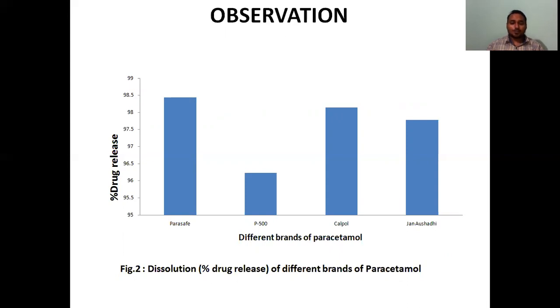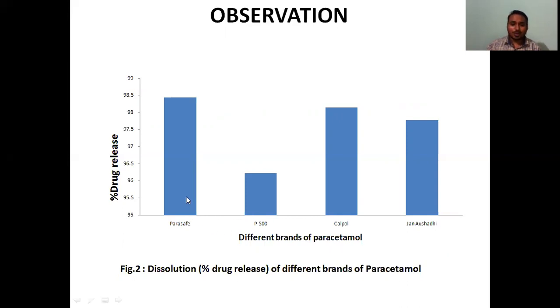After the calculations, we get data on the percentage of drug release for different brands of paracetamol.